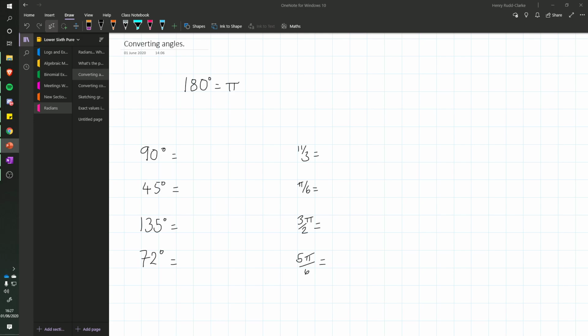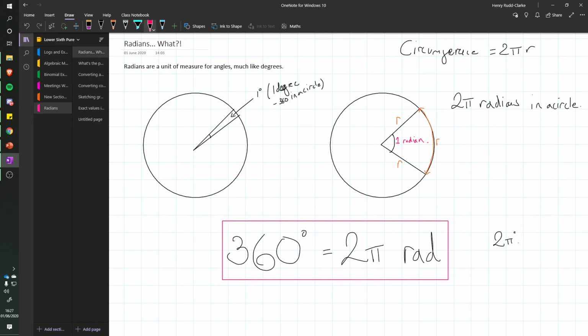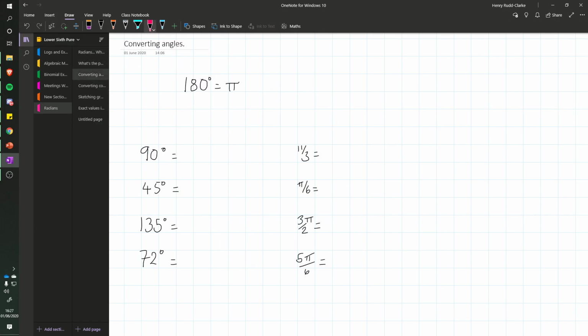What do we do if we have a question where we need to go between one or the other? This is a bit of year 7 maths, basically. If I go back to the first page, 360 degrees is 2 pi radians. It's even more useful to say 180 degrees is pi radians. You've probably seen little flow charts like this before, multiplying by 10 or 100 to go between centimeters and meters.